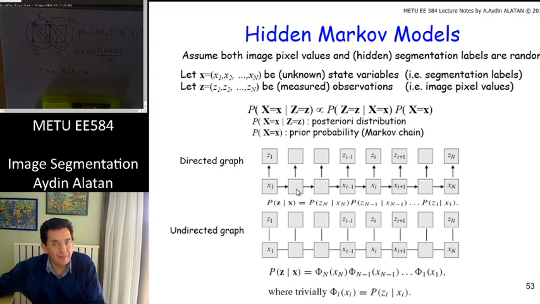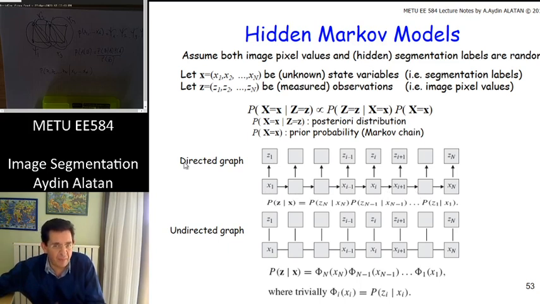It says the next one doesn't affect this one. Maybe your next pixel is a banana. Therefore, the label of banana should not affect the color of apple. Therefore, we have such a relation. The intensities, the colors are only affected by the corresponding unknown labels. But the labels can themselves affect each other.